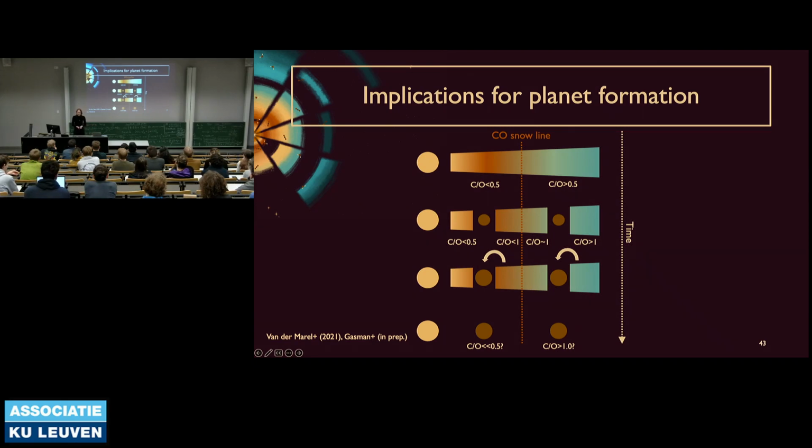And this might have been the case here on Earth, because we have Jupiter out there, which could have been carving a gap and changing whatever was available for accretion in the inner disk for Earth. So you start with a certain C over O ratio in your disk, you form a planet, you trap whatever is present on either side, and this affects what is accreted onto your planet and what its final C over O ratio is.